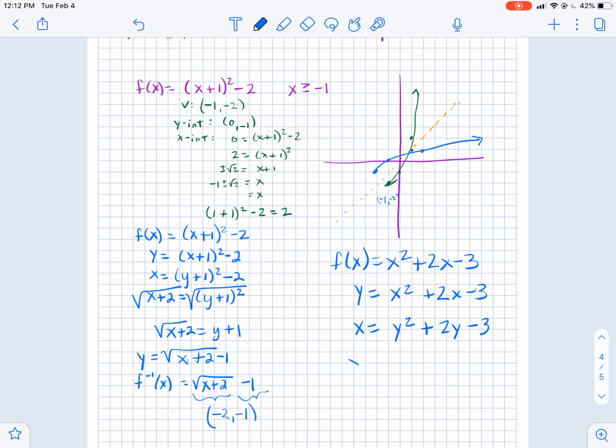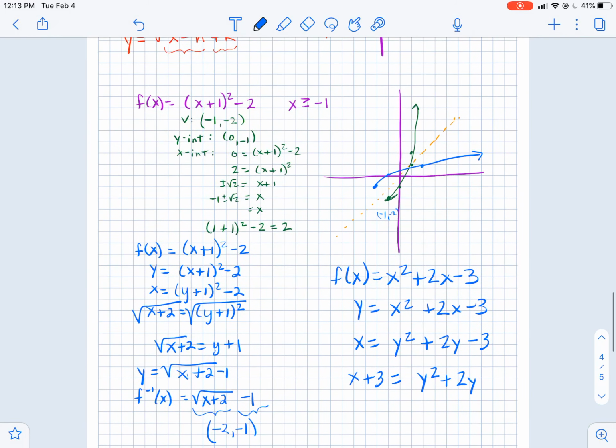So it would be your x value, and then you're going to complete the square here to solve for the y. I'm not going to ask you to do that, but just know that that is how you would do it. You just pretend you're solving for the y there, and do a completing of the square. So hopefully that makes sense on how to find the inverse then.